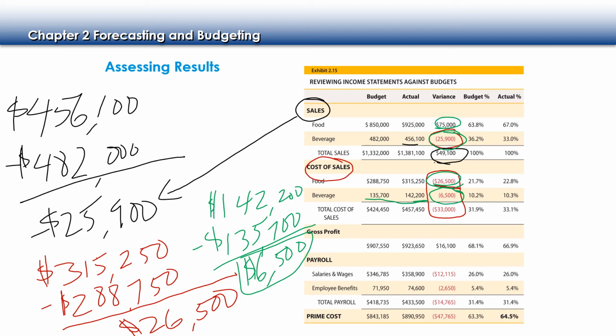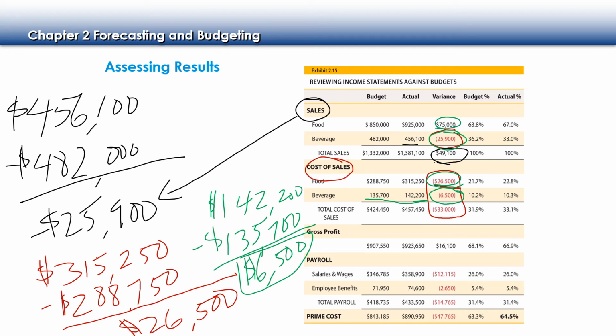So I don't want you to think that just because a number is in parentheses and is red, that it's necessarily a bad number. We have to put it into context, okay? So it's okay if we go over budget on our costs if our sales also reflect going over budget, if we brought in more money in sales than we budgeted for.